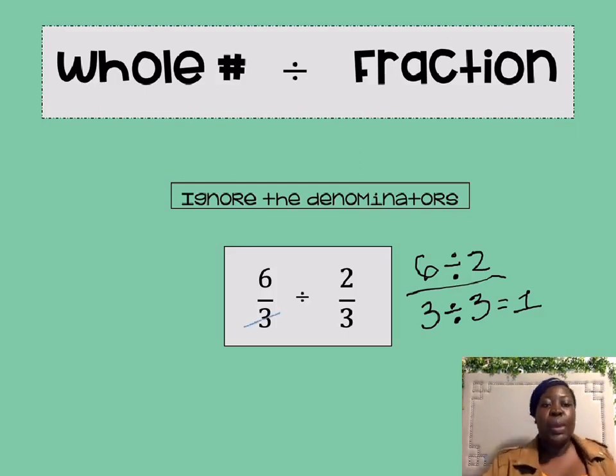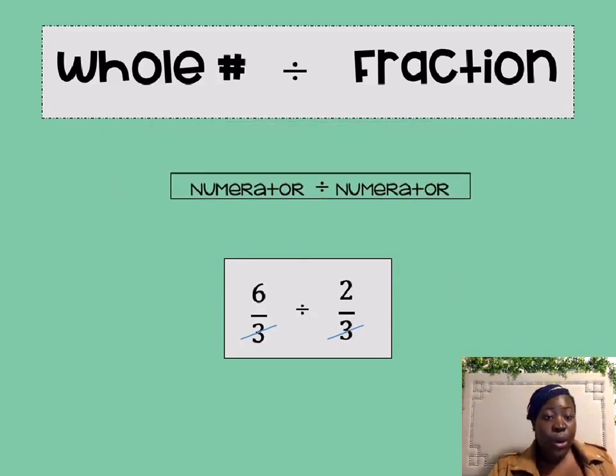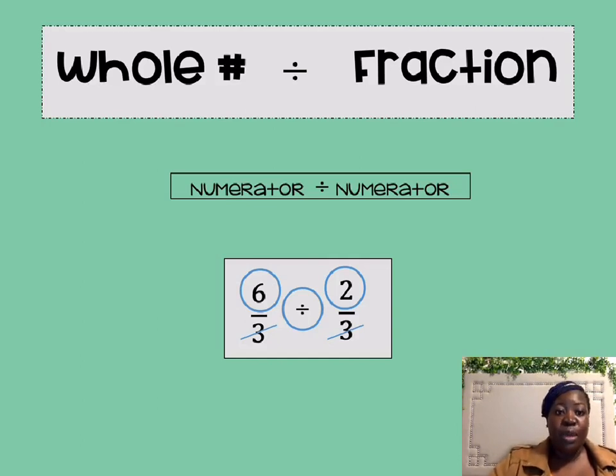So you can ignore it by either writing the X or a line or however you want to ignore them. Ignore your denominators. And now you are going to focus on your numerators. You can divide your numerators, which are 6 and 2. And you can write that as a fraction by reading it from left to right.